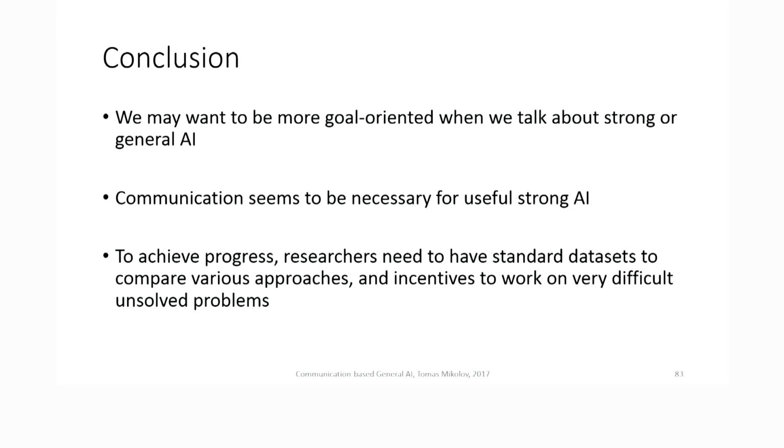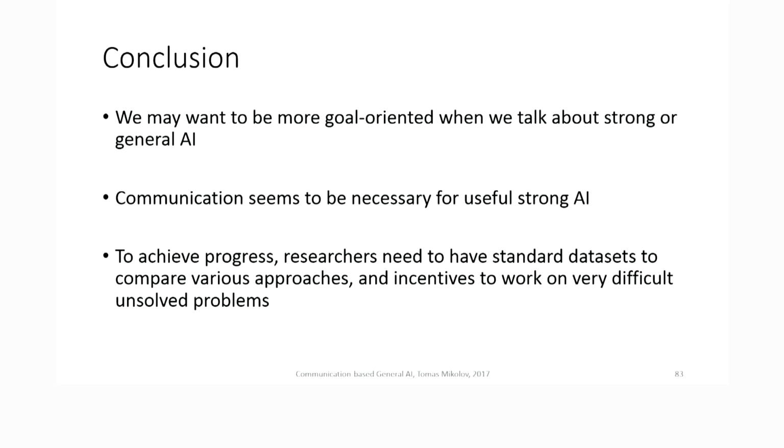For the conclusion, if you want to develop some strong AI, for example, intelligent chatbots and so on, I think it's good to be more goal-oriented and really define the problem well, and define well the objective metric that we are optimizing. And for that, as I said, we have this communication AI environment, and GoodAI company has their General AI Challenge. So I think those are good resources to look at.